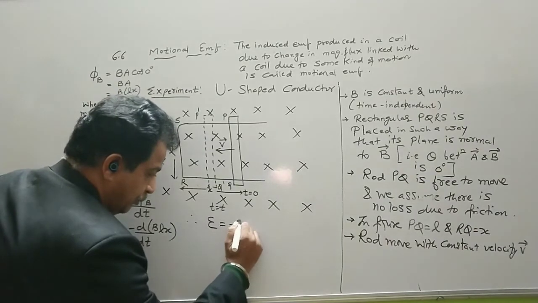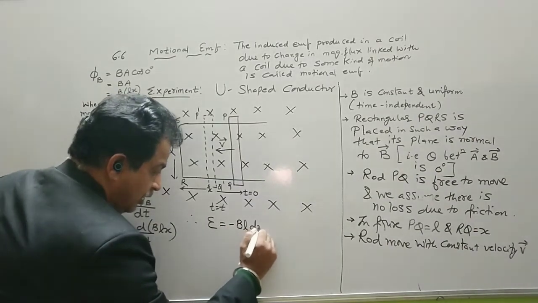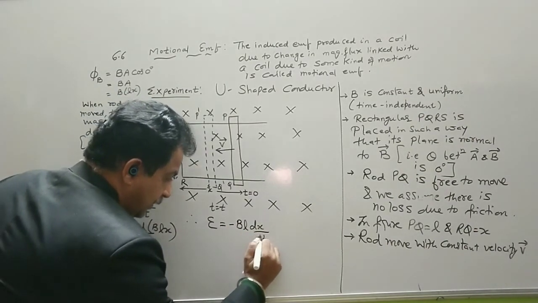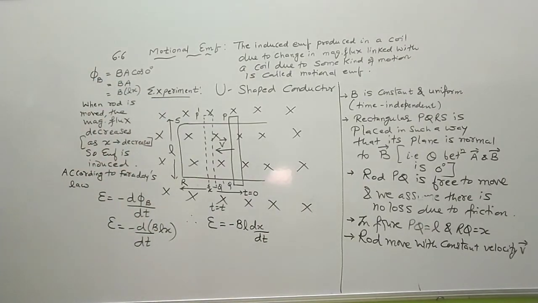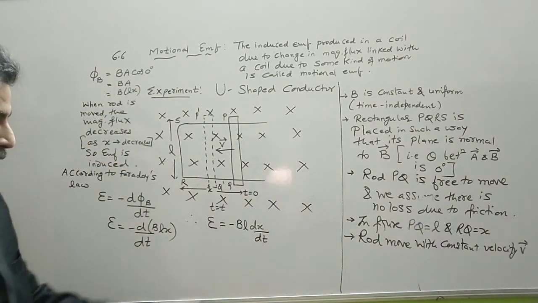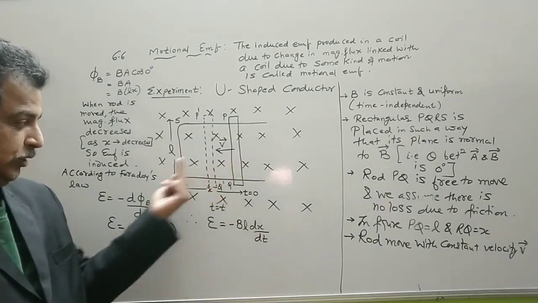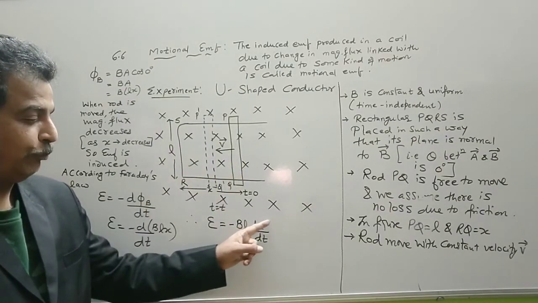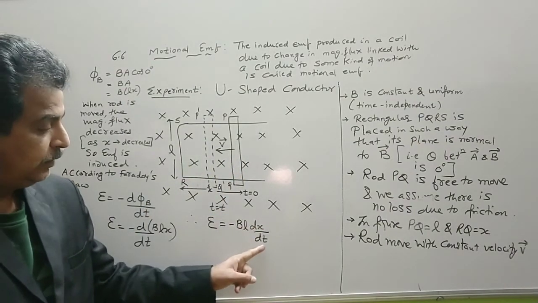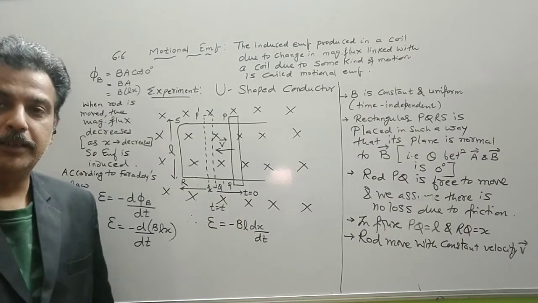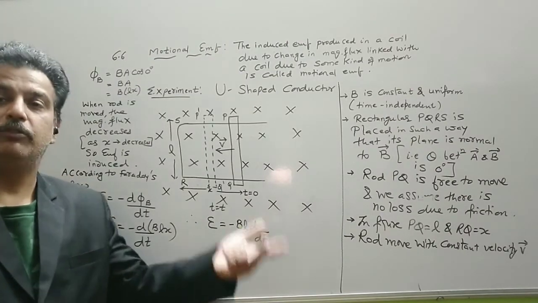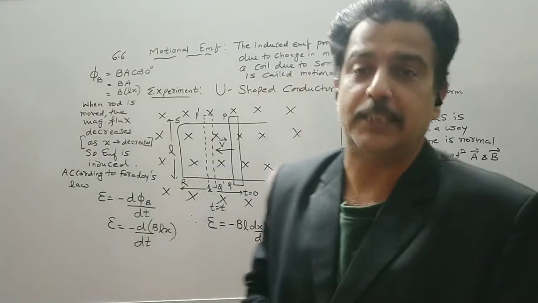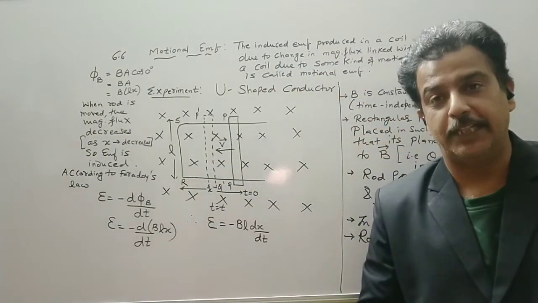So the formula becomes minus BL dx upon dt. Now what is x? X is a position. The derivative of position with respect to time is called velocity. Velocity is displacement upon time, and displacement means change in position.